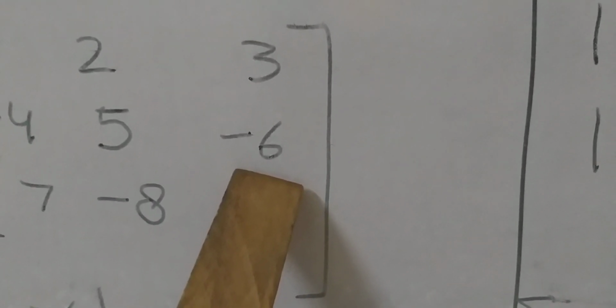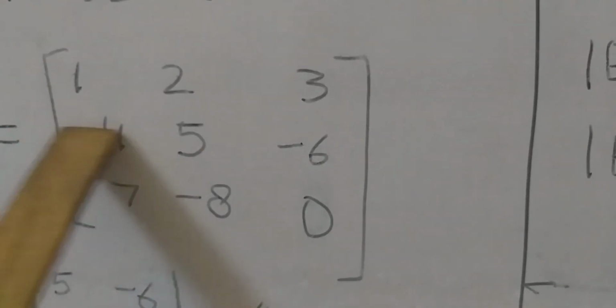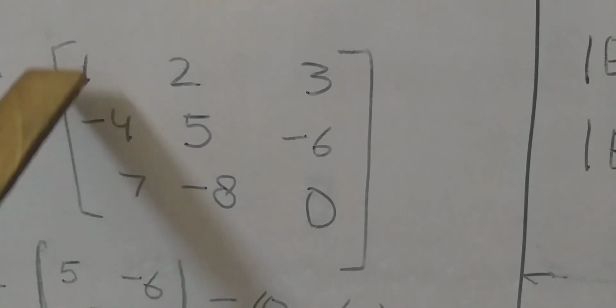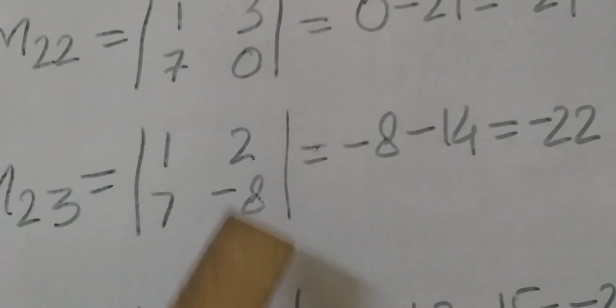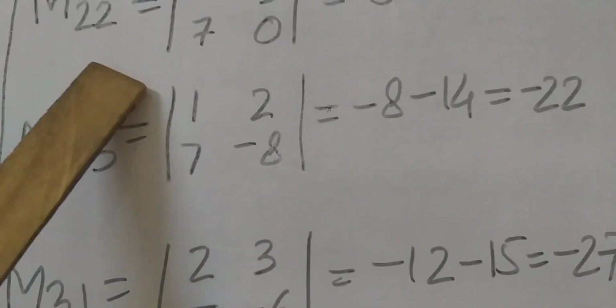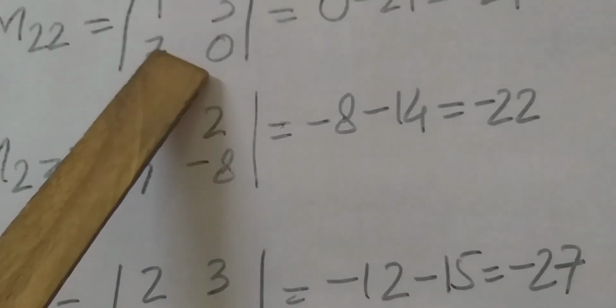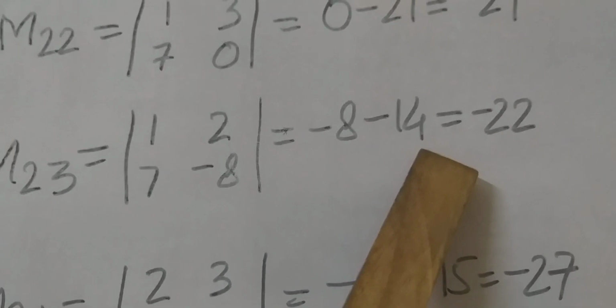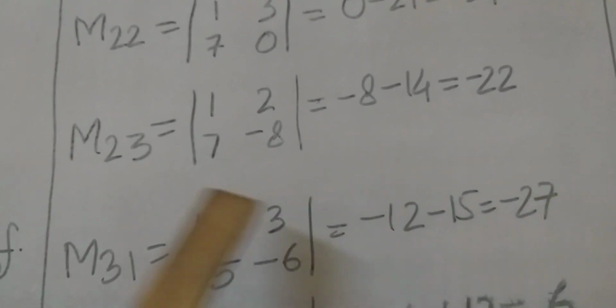Now, students, its determinant, its minor. Delete its column, its row. The left values are 1, 7, 2, minus 8. 1, 7, 2, minus 8 is the determinant. Minus 8, 7 times 2 is 14, minus 8 minus 14, minus 22. Correct?